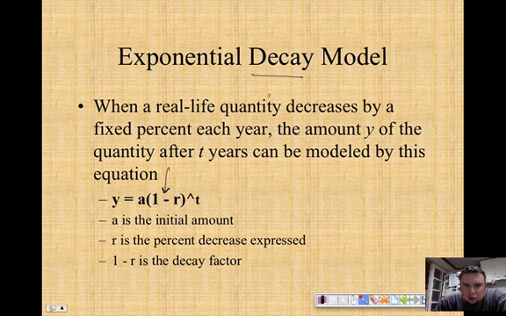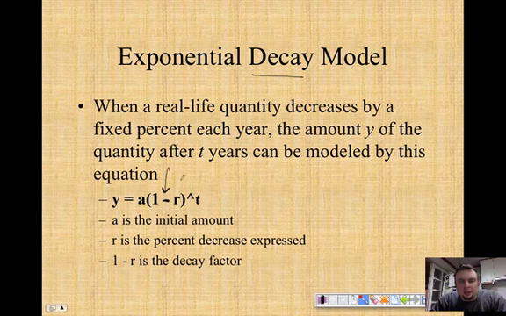The exponential growth was 1 plus r. Exponential decay subtracts things, right? You start with a high amount of things and it decays, it goes down. So this is the same thing, only different by subtracting the amount. So the only thing different: plus for growth and minus for decay.